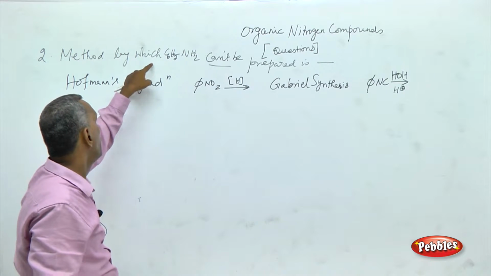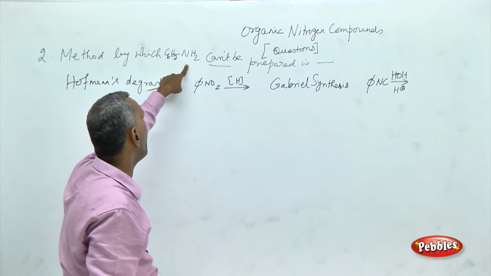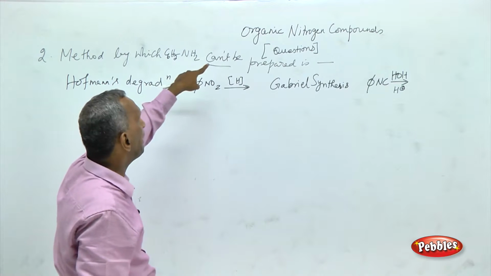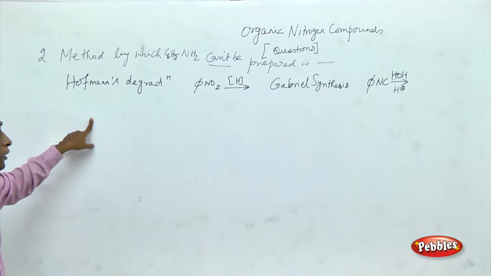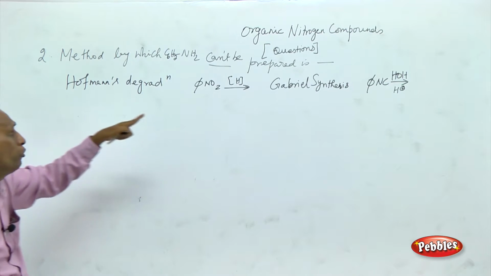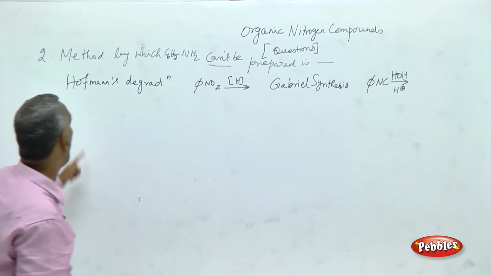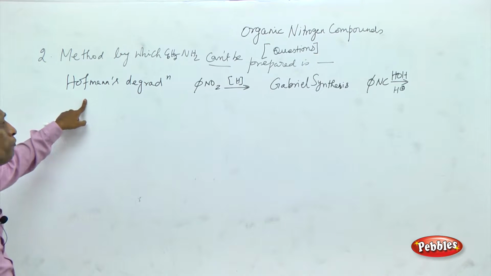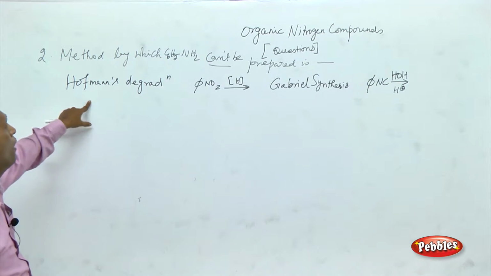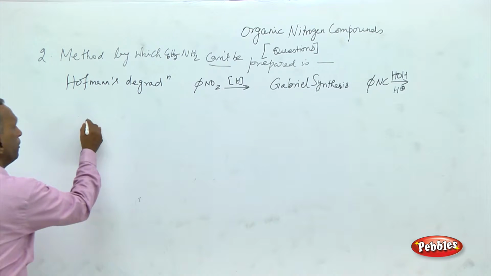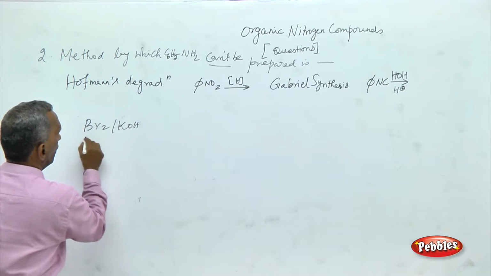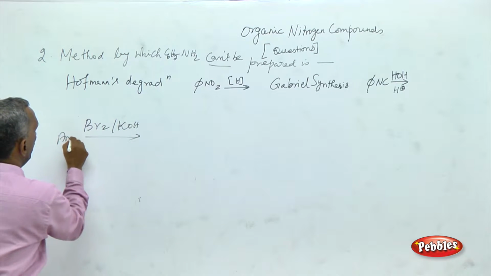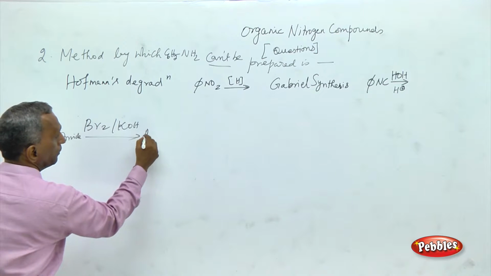The method by which phenylamine or benzamine or aminobenzene cannot be prepared is, they have given 4 types of reaction, 2 mentioned as named reactions, 2 mentioned as equations. First one, Hoffmann's degradation. Hoffmann's degradation is that with bromine and KOH, from an amide we can prepare an amine.